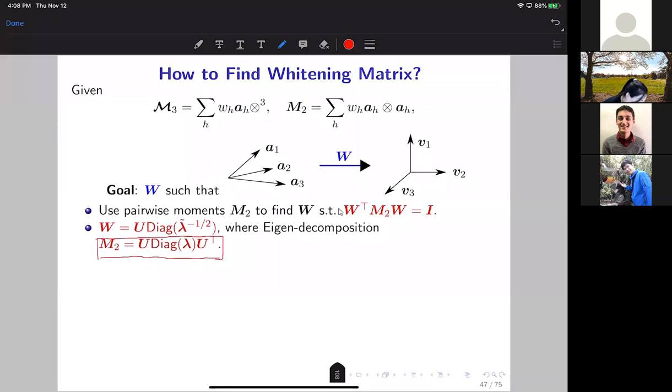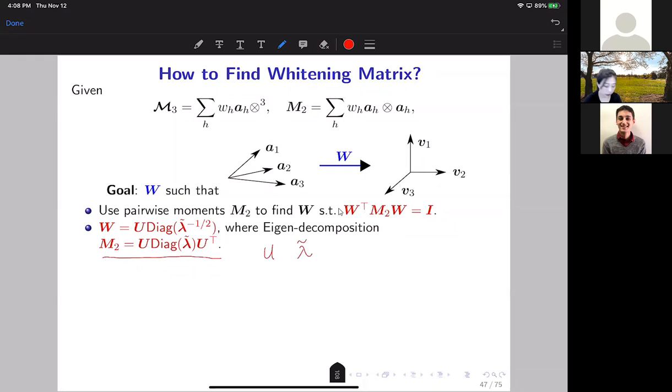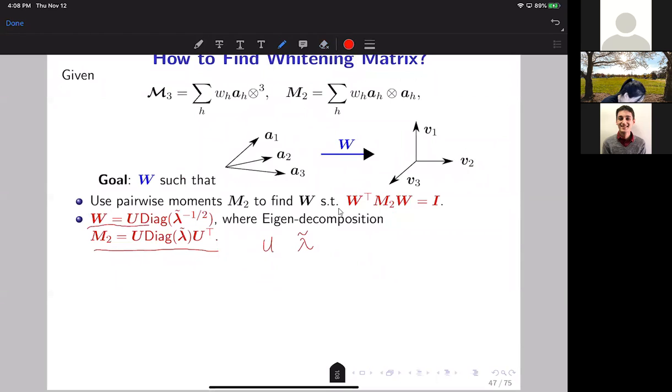U holds the eigenvectors of your M2, and lambda are the eigenvalues. So I'm only doing an eigen decomposition on M2 to find U and lambda, and then I use U and lambda tilde to find my W through this form.